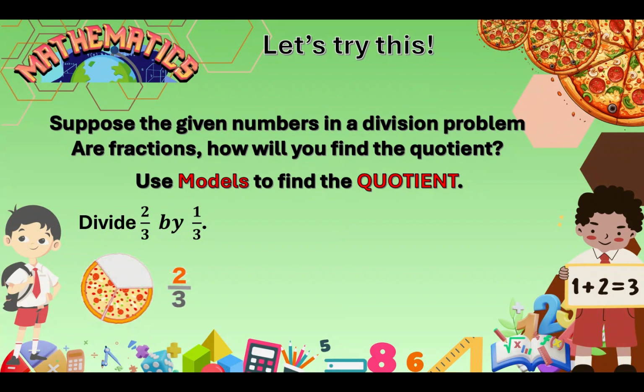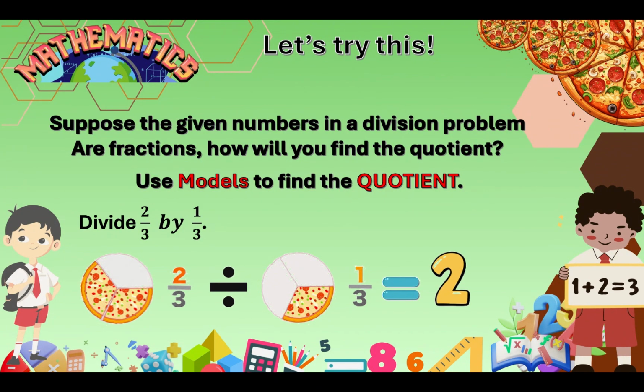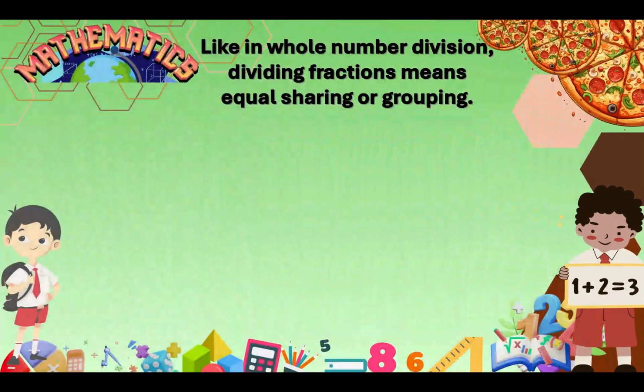So we have a pictorial illustration of 2/3 divided by 1/3. As you can see, how many 1/3 are there in 2/3? By just visualizing the fractions, 2/3 divided by 1/3 equals 2, meaning there are two 1/3 in 2/3.